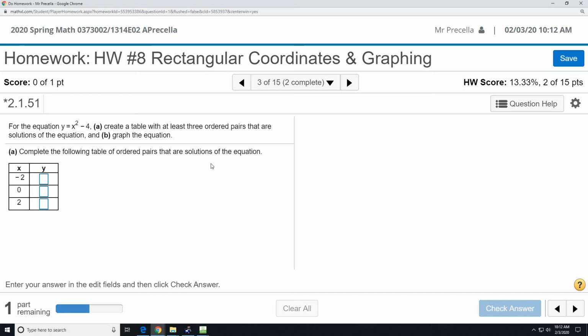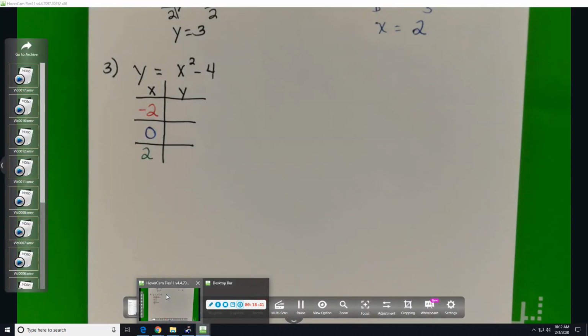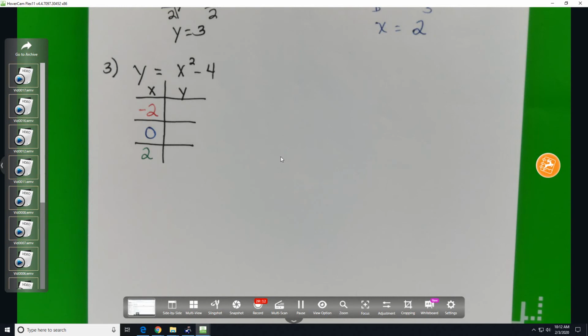And the numbers are -2, 0, and positive 2. So they're telling us which numbers to plug in for x. Well, okay, maybe we can do some of these without even writing anything down.